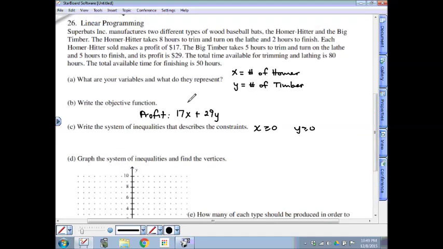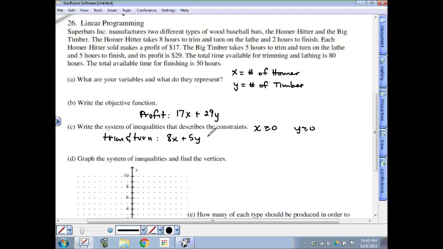We have a constraint on trimming and turning. The constraints are it takes 8 hours to trim and turn the Homer bats. It takes 5 hours to trim and turn the timber bats, and the total amount of hours available for trimming and turning is 80 hours.